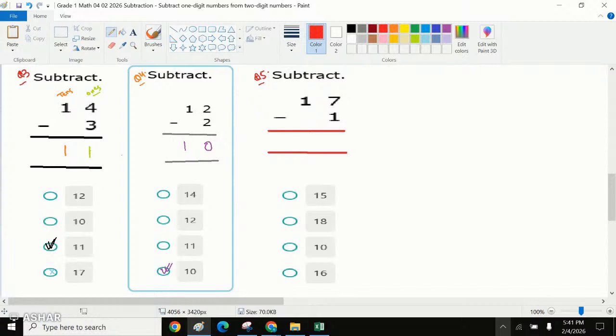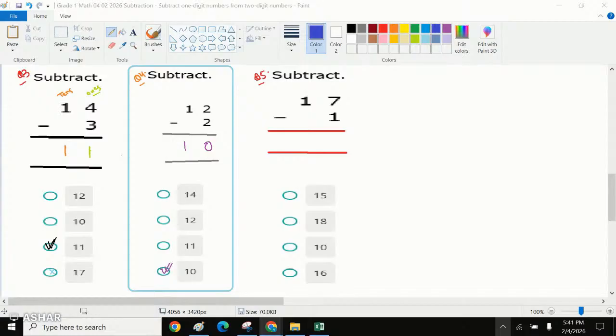Yes, thank you, Alibai. 17 minus 1 should be, we can simply say 7 minus 1 is, out of these four options, yes, thank you, Aruba.